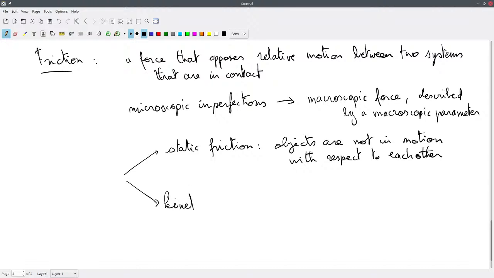Kinetic friction is when the two objects are moving with respect to each other.